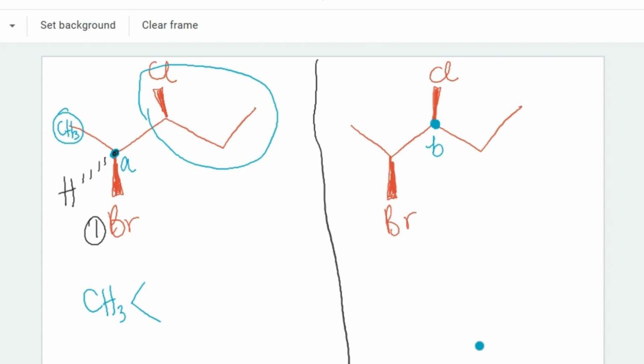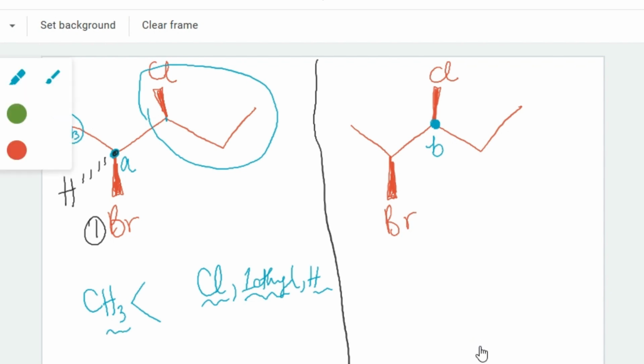And in this particular case, the atoms attached to this carbon here are one chlorine atom, also one ethyl group, right? As well as one hydrogen atom. You can see that the atomic mass of the chlorine, as well as the ethyl group, as well as the hydrogen, is all greater than the three different hydrogens.